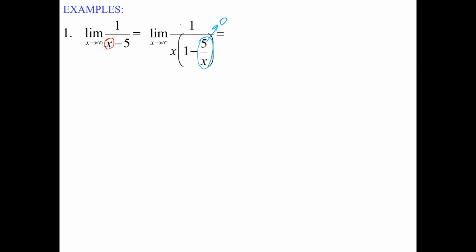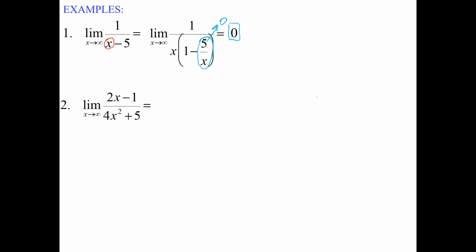And then we get 1 over 1, and then 1 over x. And 1 over x is 0. 1 over a big number is 0. But again, if you know the answer right away, you don't even need this algebraic proof.